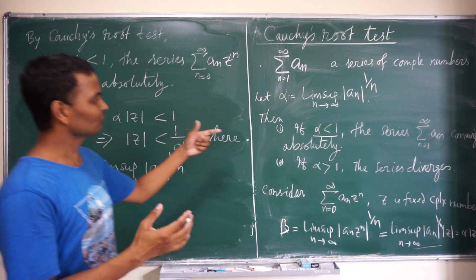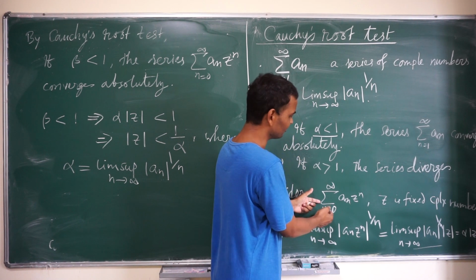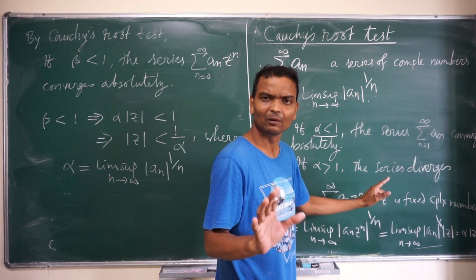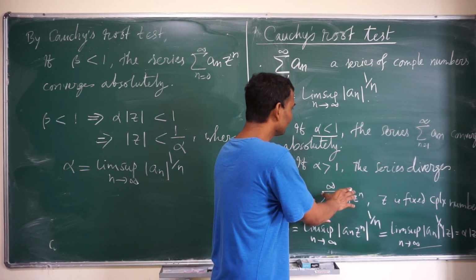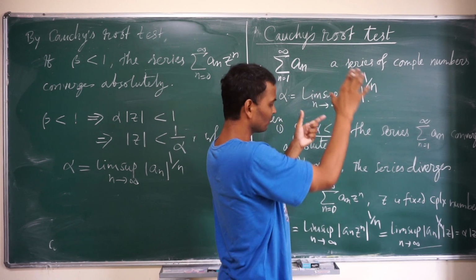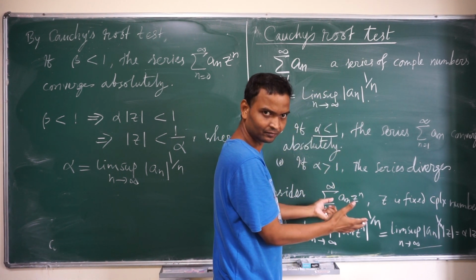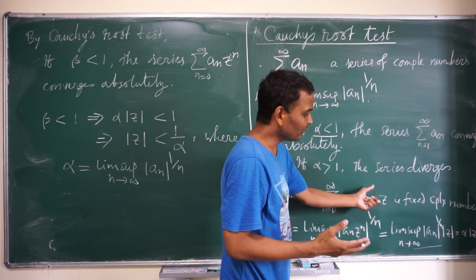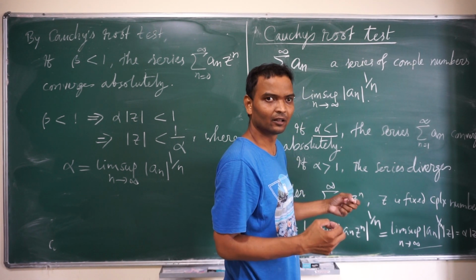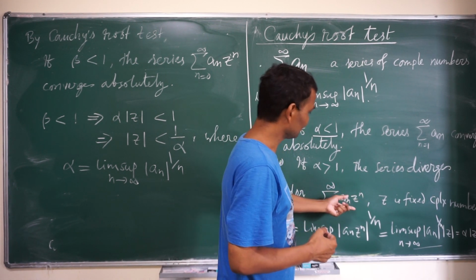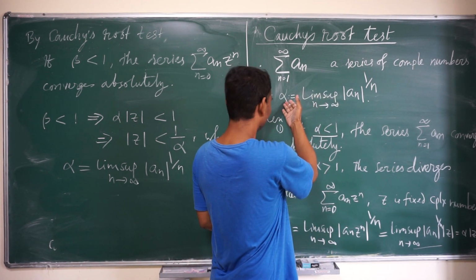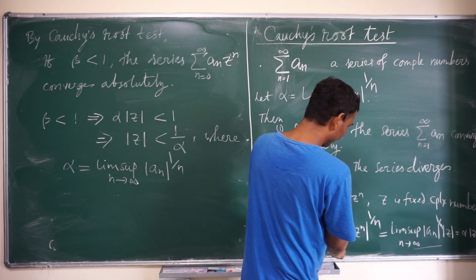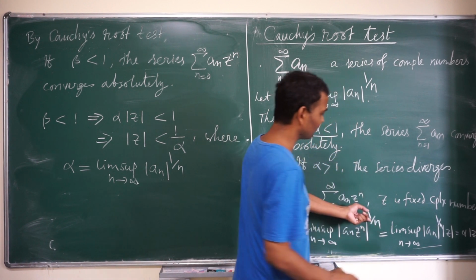So what we have is, we look at a series of this form, summation n equal to 0 to infinity a n z to the power n. z is a fixed complex number for the moment. Now if you want to apply the root test to find whether this converges or not, or at least what z we can take so that the series converges, here you get beta, which is the lim sup as n tends to infinity of a n z to the power n, to the power 1 over n.